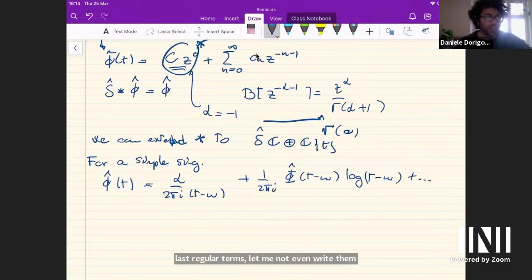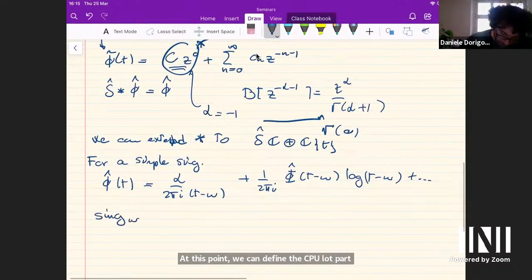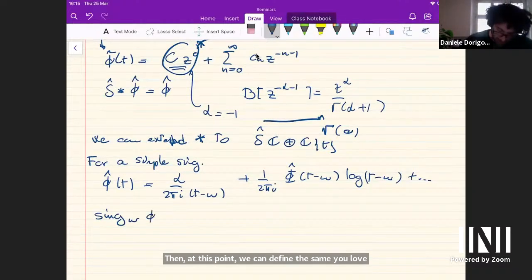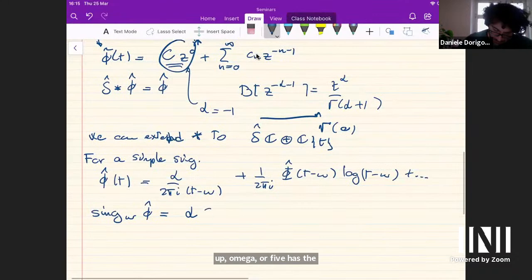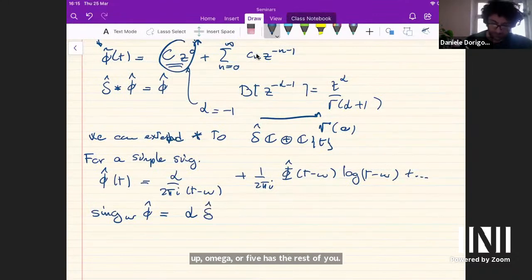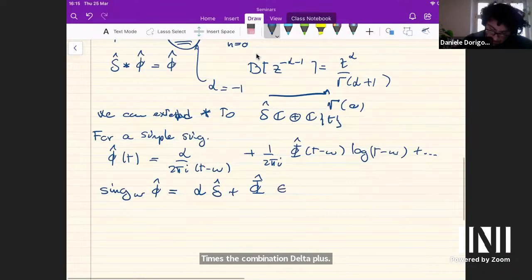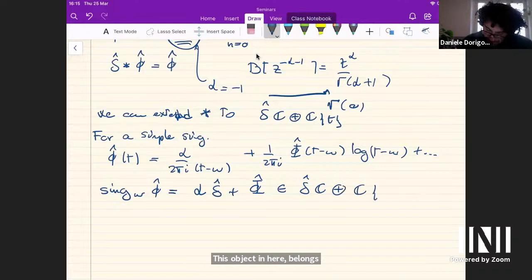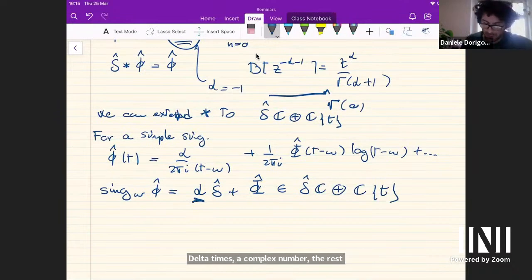Then at this point, we can define the singular part at omega of phi as the residue times the convolution delta plus the minor. This object in here belongs to this extended algebra: delta times a complex number, the residue, plus a germ of analytic functions at the origin, the minor.